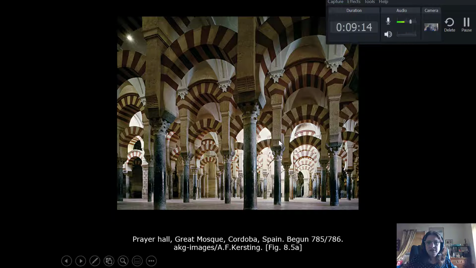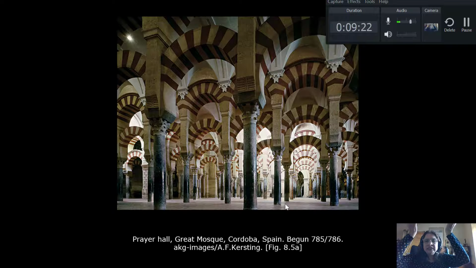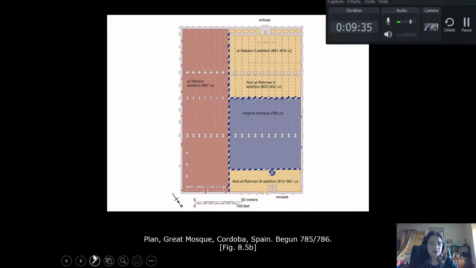You have a column here, and then a thinner column underneath it. What it does is give you this visual uplifting so that it almost looks like it's defying gravity, and it brings your eye up into the space, and again has this relationship to God and to the heavens through that.